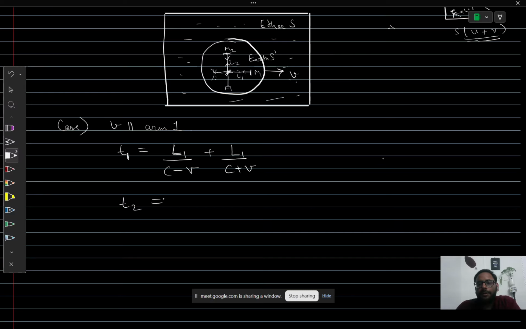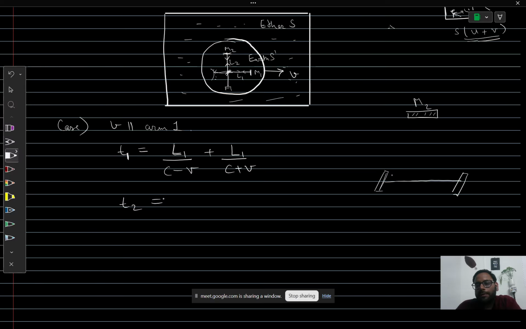So actually, since the earth is moving, my beam splitter will also move with the motion, and this is my mirror 2.